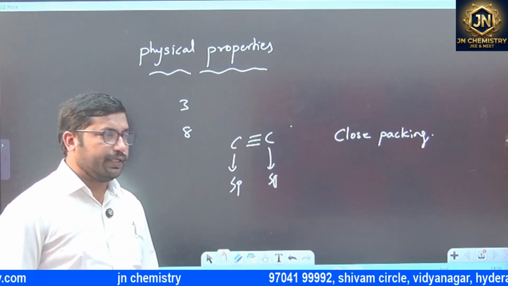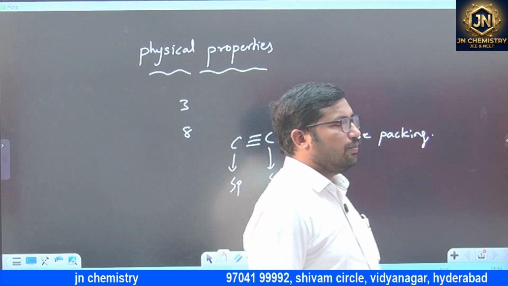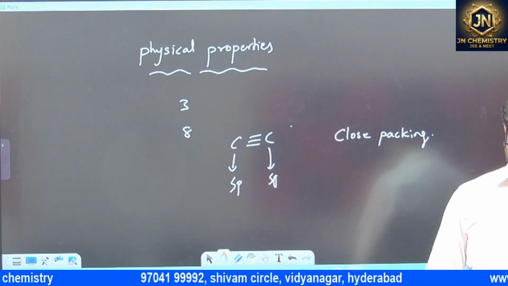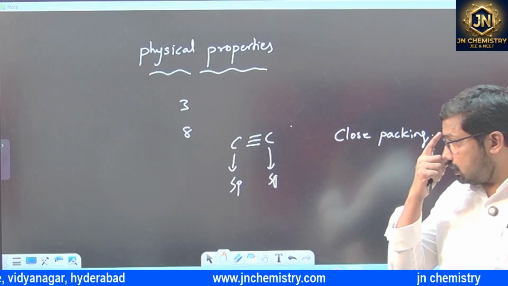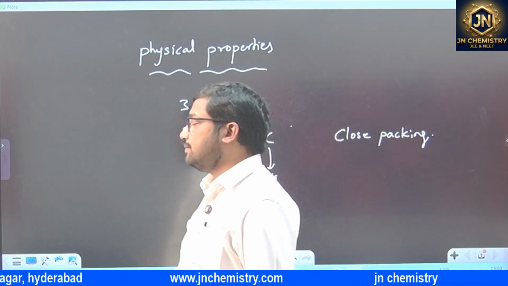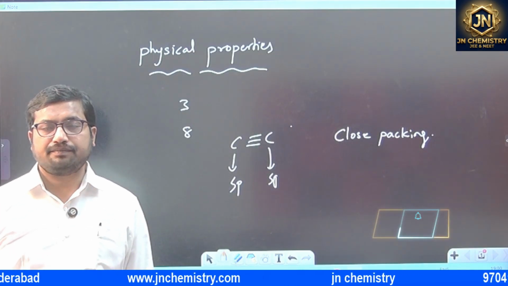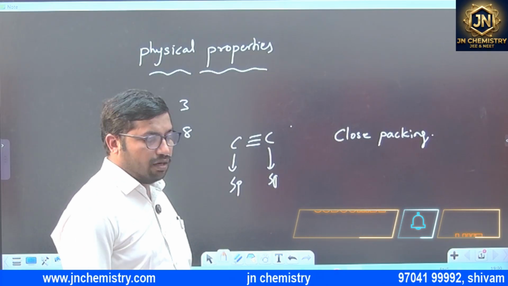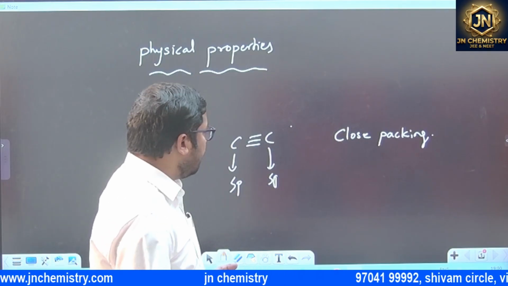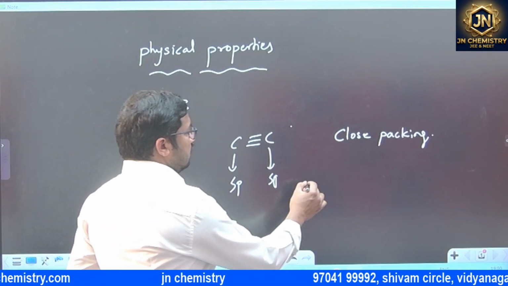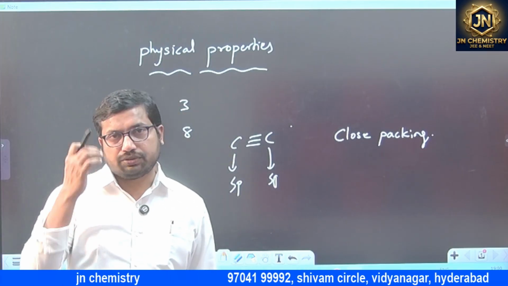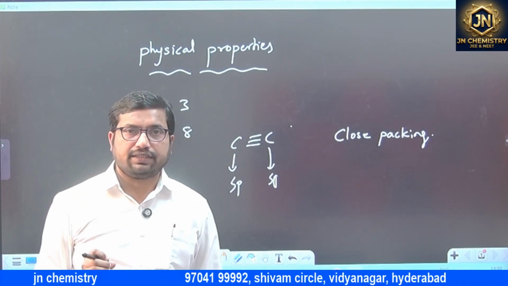Next, solubility. Alkynes are insoluble in water because alkynes are non-polar in nature. Like alkanes and alkenes, alkynes follow like dissolves like. Polar compounds are soluble in polar solvents and non-polar compounds are soluble in non-polar solvents.